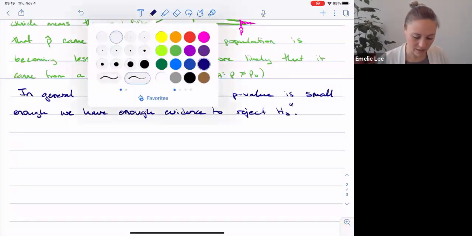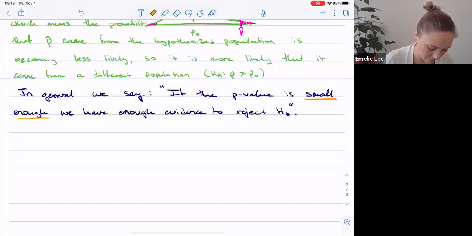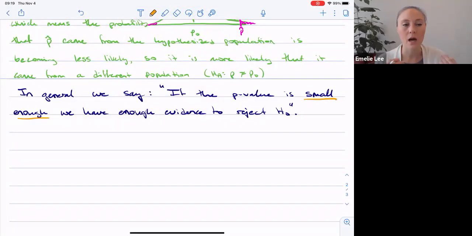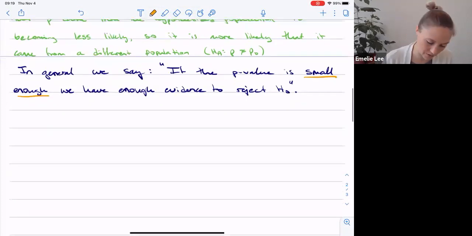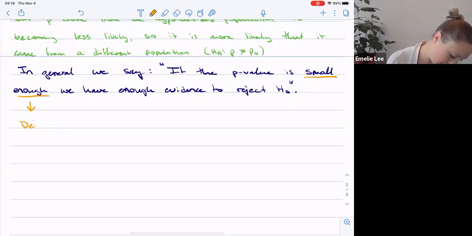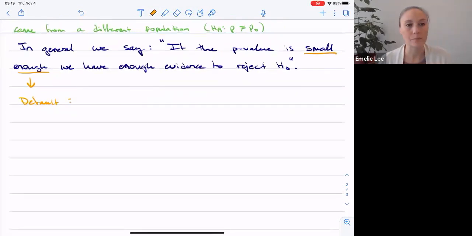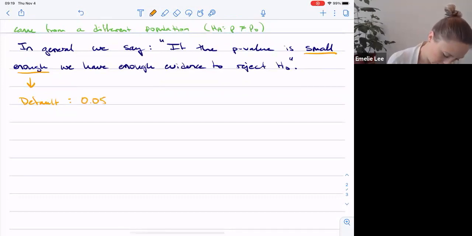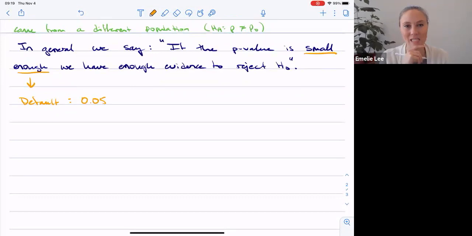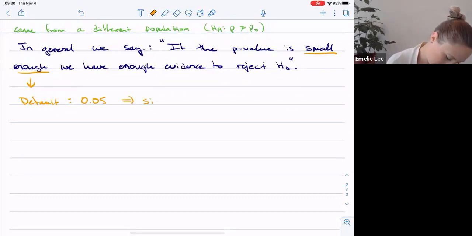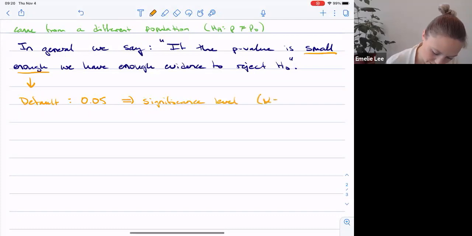Okay, so this idea of small enough, we need some default threshold. The default is 0.05, and this is called our significance level, which is called our alpha level.